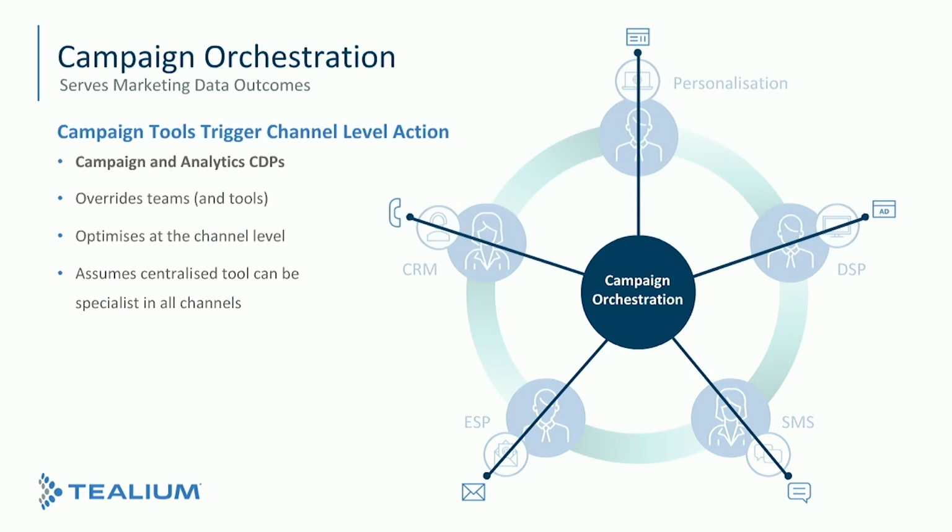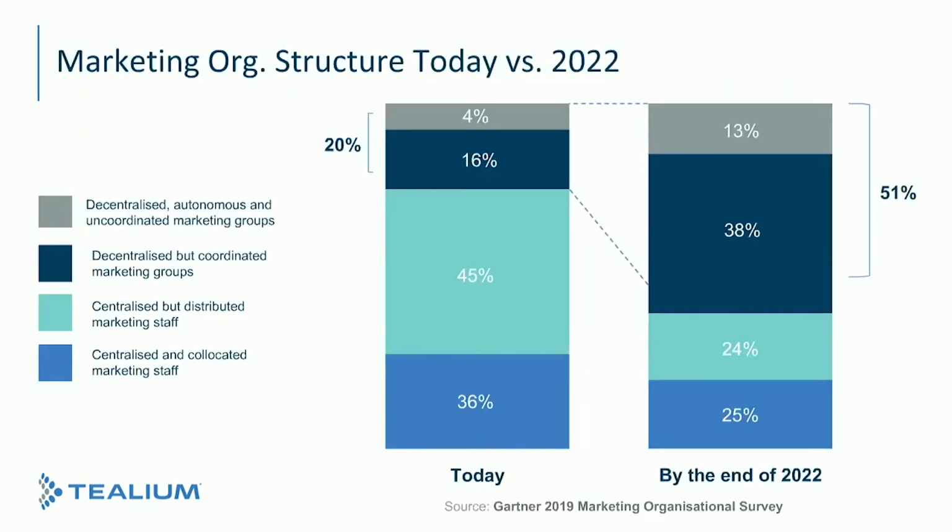Now, in certain circumstances, that might make sense, but a lot of organisations have already invested in a decentralised model, and they want to know how they best leverage that. The other thing we know is that decentralisation is going to become more commonplace.